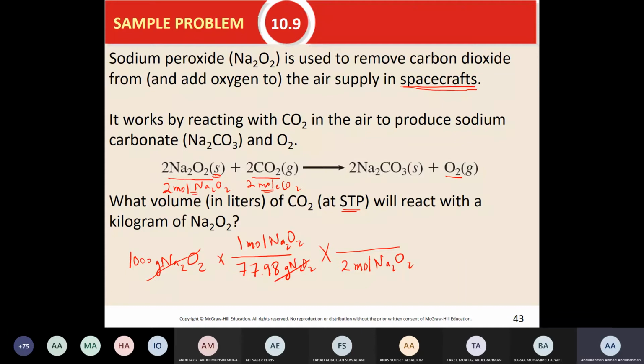How many moles of CO2 are needed to react with this? 2 moles CO2. Get rid of the mole with the mole. And now, this is at STP. So how can I change it to liter? 1 mole CO2 gives me what? 22.4.